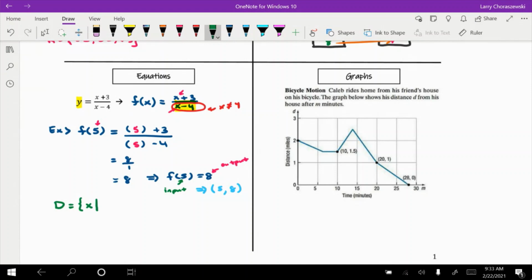And what this vertical bar represents is the set of all x such that, and to the right of the vertical bar, we put the conditions on x that we wish to uphold here. And the condition on x is that x cannot equal 4. So I'm going to write x cannot equal 4 and then close off the set notation.